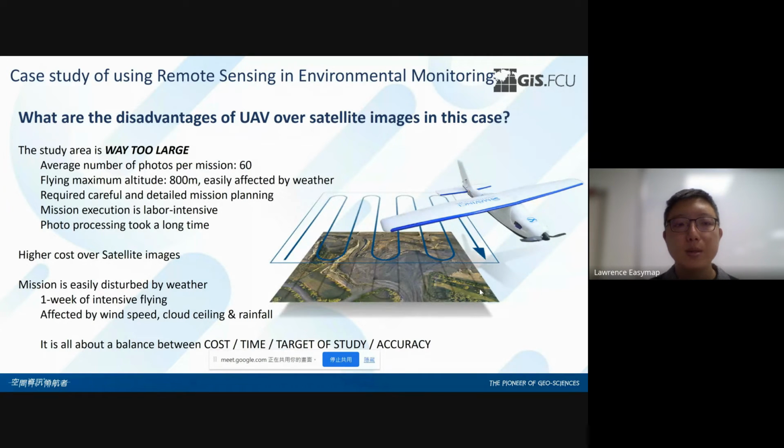In comparison, in this case, using the satellite image is more cost-effective than the UAV image. However, you can see because of the resolution, the result of the satellite image is not too good. We flew the drone for around 1 week, so it was affected by the wind speed, cloud seeding, rainfall, and so on.